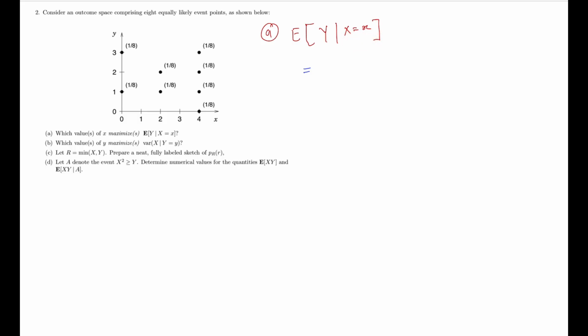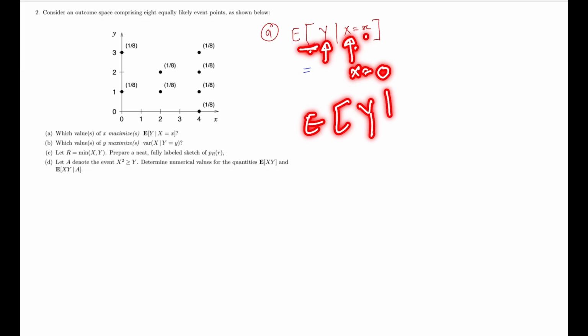So what are the values that x can take? x can take 0, 1, 2, 3, 4. Depending upon what value it takes, we will have a different expectation of this random variable y. When random variable x takes the value, let's say 0, we will have the conditional expectation of y given x has taken the value 0. This is one expectation we will get.